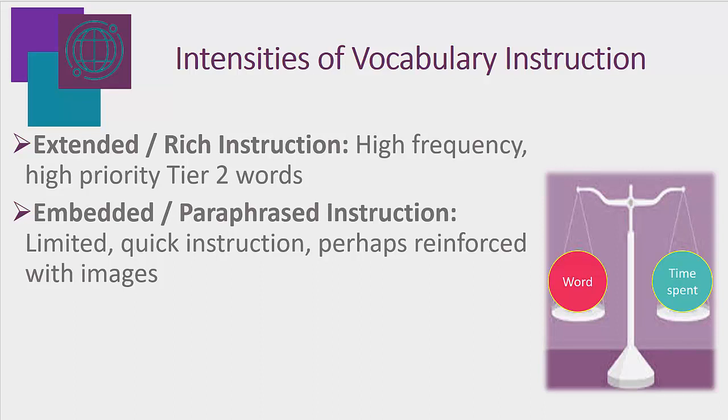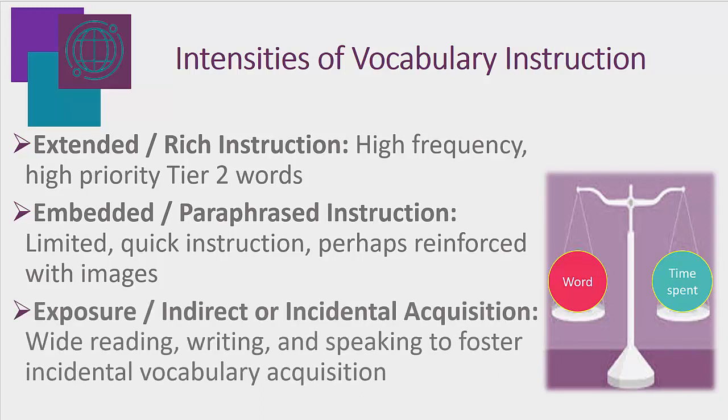These are examples of paraphrased instruction, word meanings that are rephrased with a simple definition and a sentence or image that helps to contextualize the word. And finally, by offering reading time in texts and providing a wide range of activities across all skill areas, you can promote incidental vocabulary acquisition.